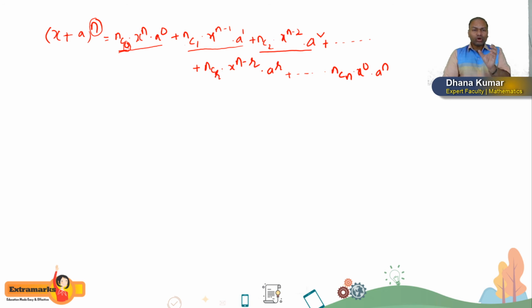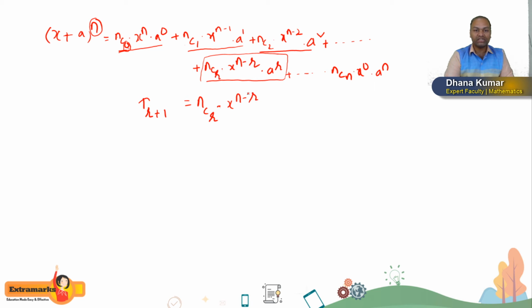Right. And one more important point: this is the first term, second term. You observe that the first term has lower suffix 0, second term 1, third term 2, meaning term number minus 1 is equal to the lower suffix, correct or not? So the term number r plus 1, the r plus 1th term, is equal to nCr into x power n minus r into a power r.